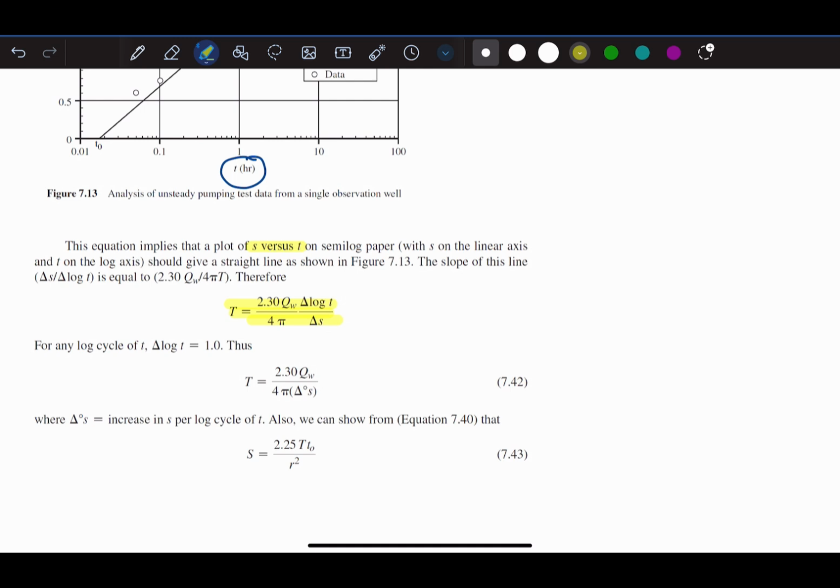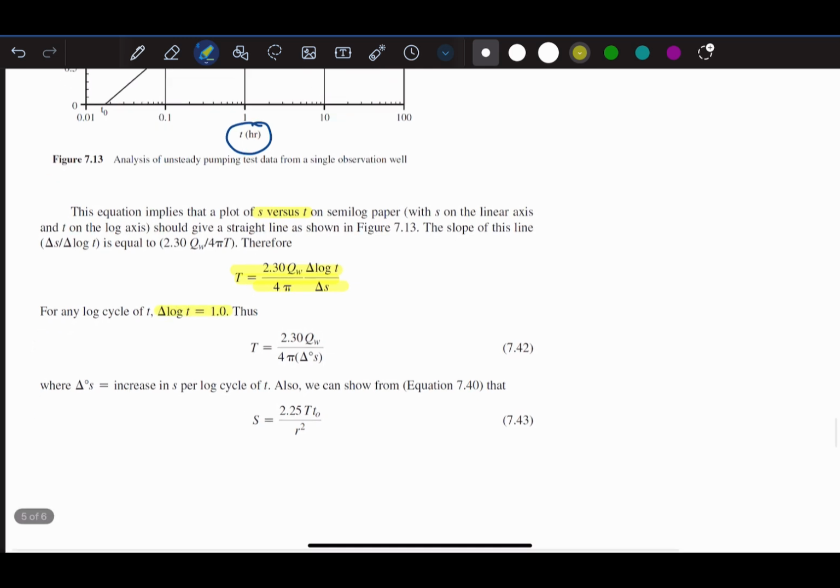And it comes from a log scale, so we need to deal with log scale for this question. Also, in the textbook, it says for any log cycle of t, delta log t is 1.